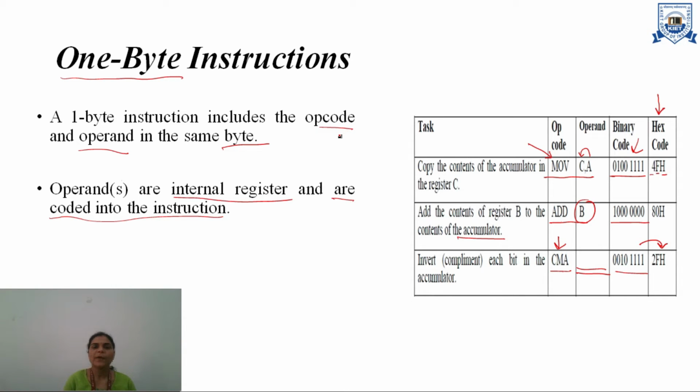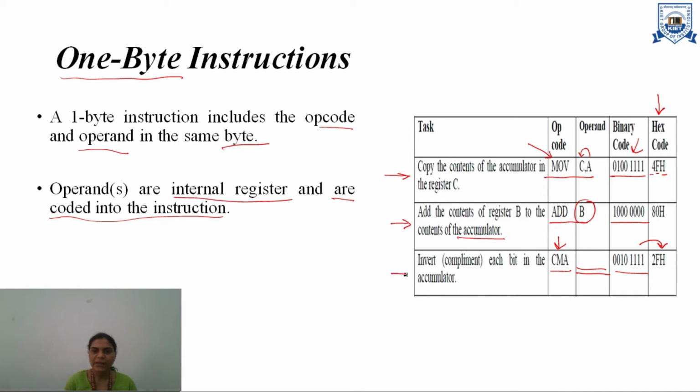The main property is that these instructions are specified by only 1 byte. So here, in the first type of instruction format, both operands are in internal registers of the processor, and in the second one, one operand is in an internal or general purpose register of the processor, and the other operand is in the accumulator.